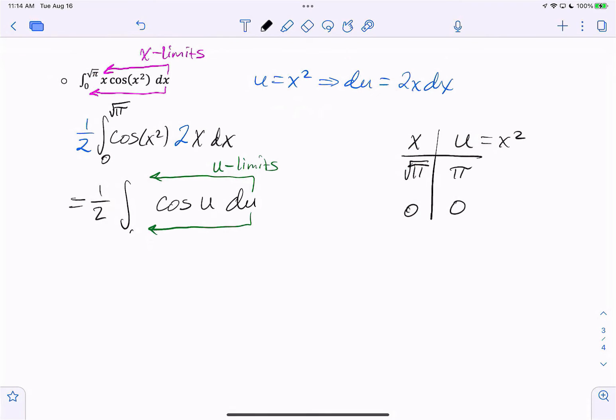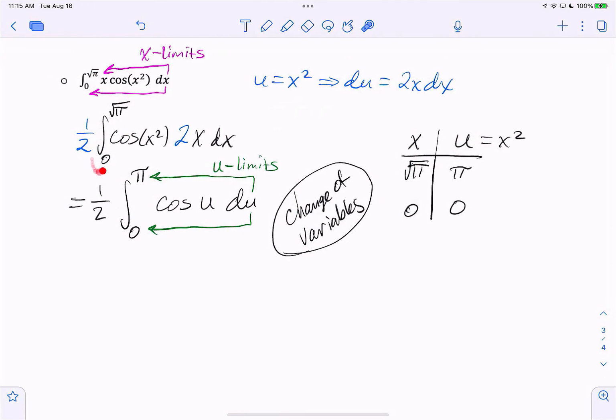I then write those new limits of integration. I've now done a change of variables, and that's something that I will do most of the time when we have a definite integral. Change the limits over. Now I'm in the realm of u, and let's integrate. 1/2, the integral of the cosine is the sine, so 1/2 sine of u.